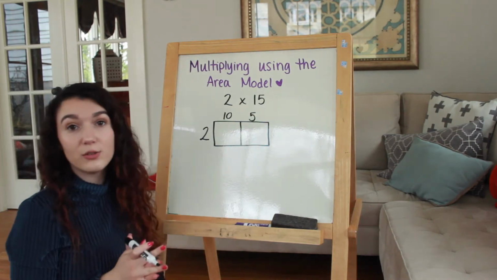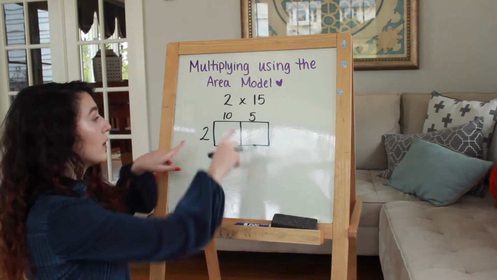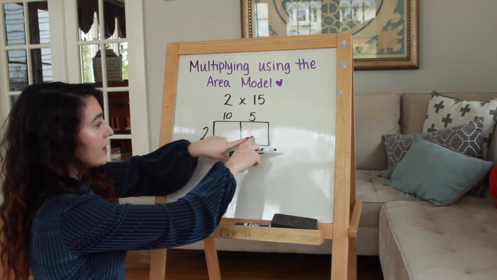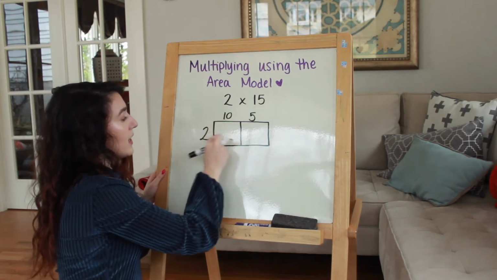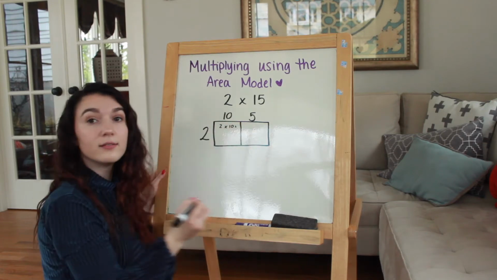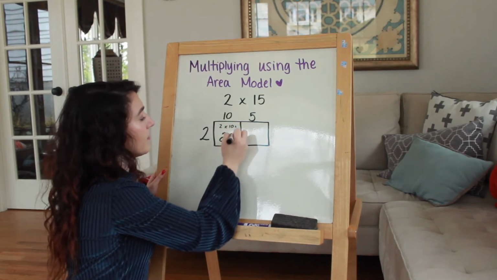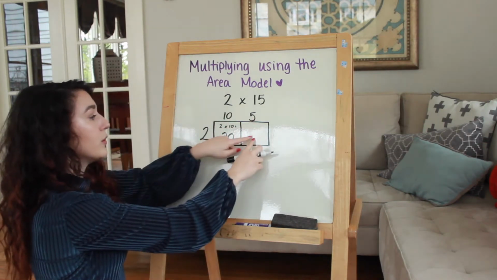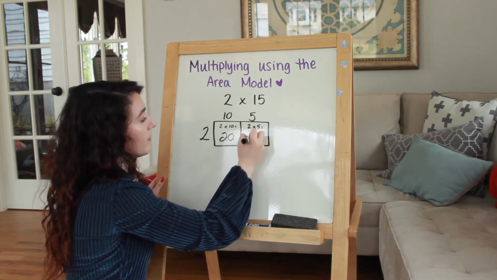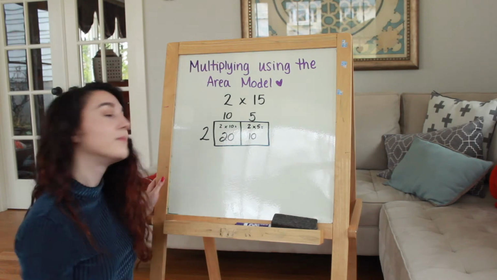Now, just like using a multiplication chart, I'm going to follow the pattern here and follow the pattern here. So I know that 2 times 10 is 20, and 2 times 5 is 10.